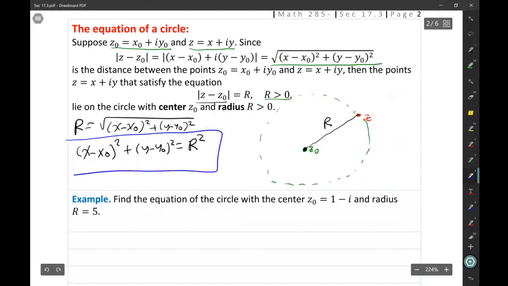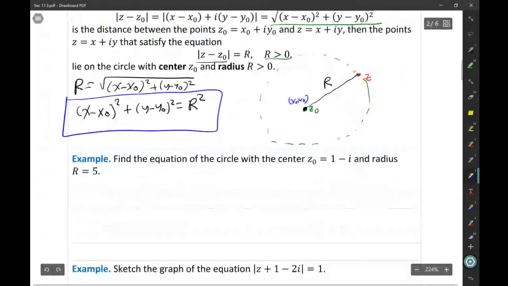We know this one represents what? A circle with center the ordered pair x naught, y naught, which is the complex number z naught, and radius r.